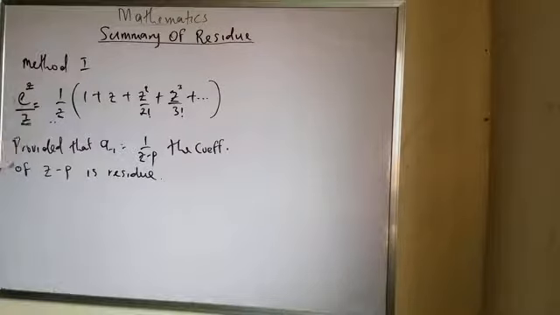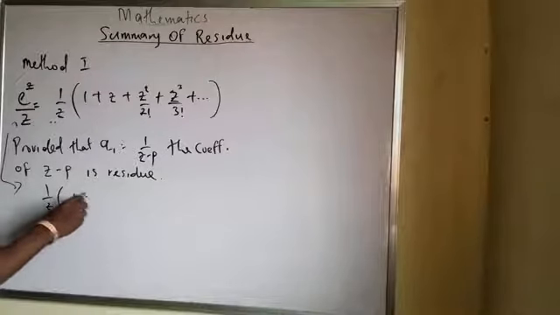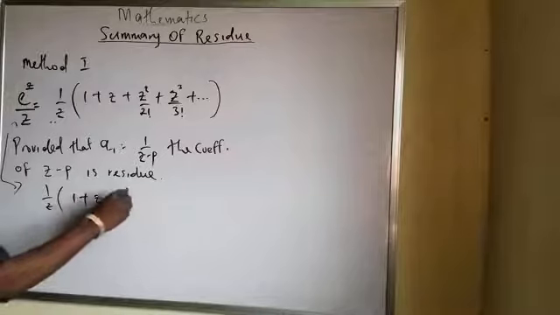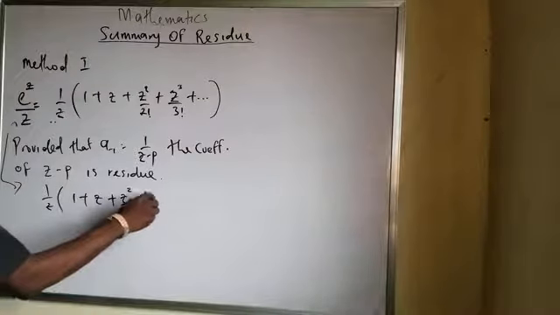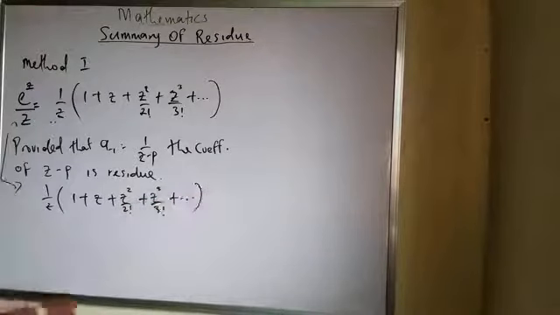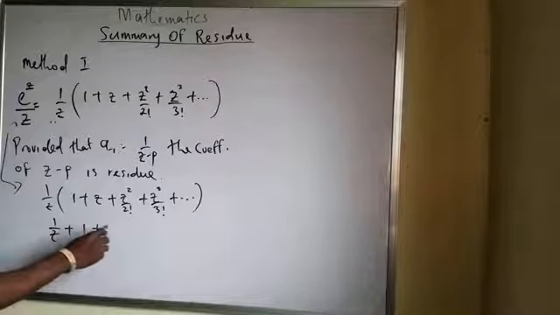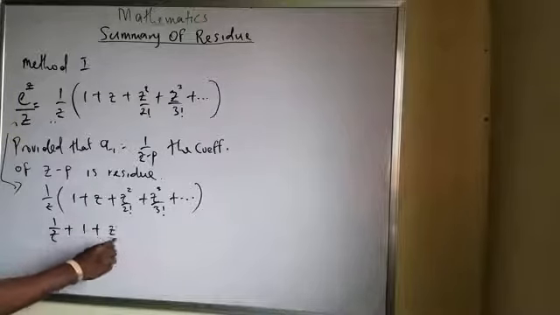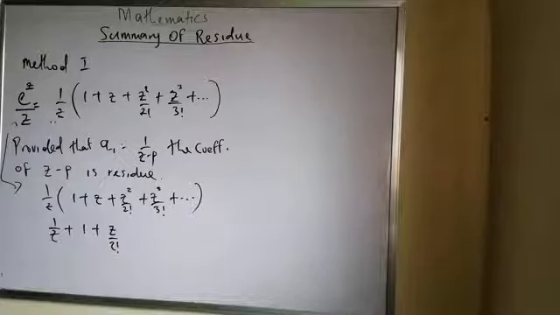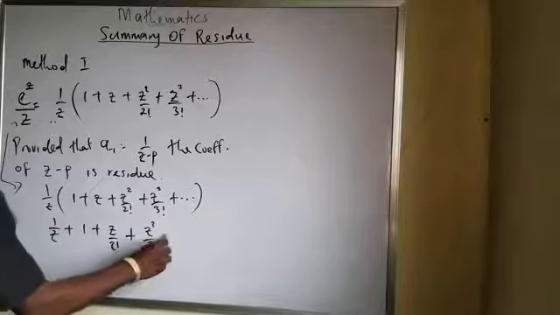Now, from here I will be having 1 all over z, bracket of 1 plus z plus z squared all over 2 factorial plus z cubed all over 3 factorial, and so on. It means I will be having 1 all over z plus 1 plus z all over 2 factorial plus z squared all over 3 factorial, and so on.